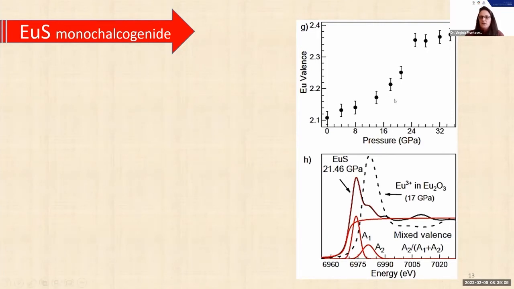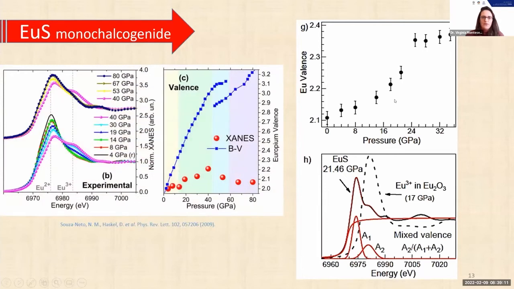But this result also is common for the other europium monochalcogenides. Here on the left, you can see the europium 3+ contribution becomes bigger in the XANES spectra for europium oxide, and you see here the mixed valence state for europium in europium oxide.